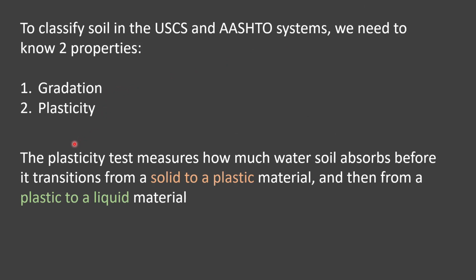In plasticity, the test measures how much water a soil can absorb as it goes through transitions here. It's before it transitions from a dry solid to more of a plastic material, something similar to silly putty or Play-Doh. And then as it increases in moisture content, it would transition phase from a plastic to a liquid material where it would start to actually flow like a fluid.